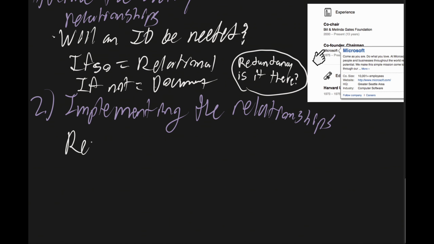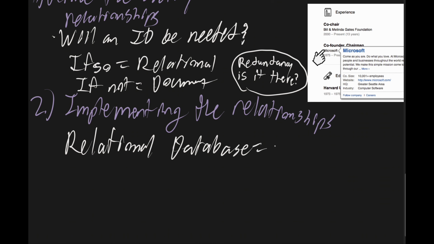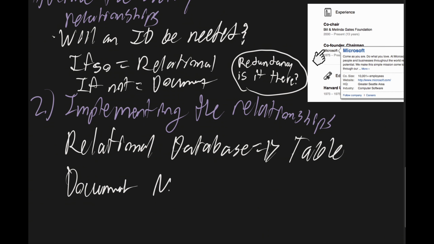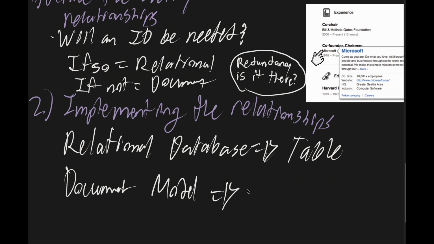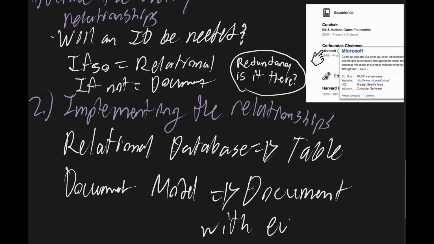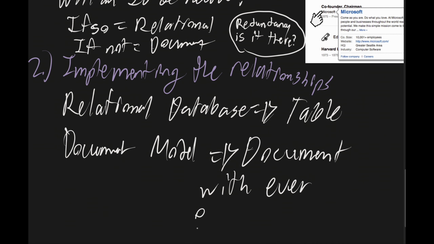So with relational databases, we implement a table, and then for a document model, we're going to implement it as it's stated, for a document with ever expanding data and change.